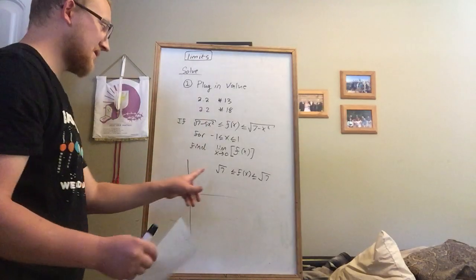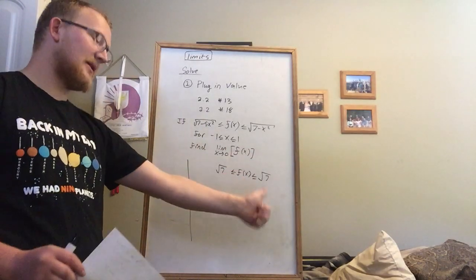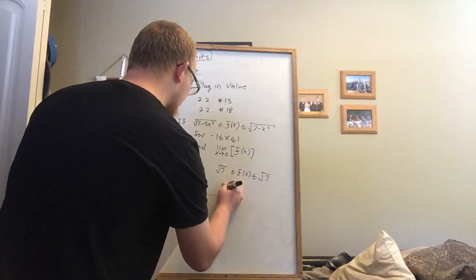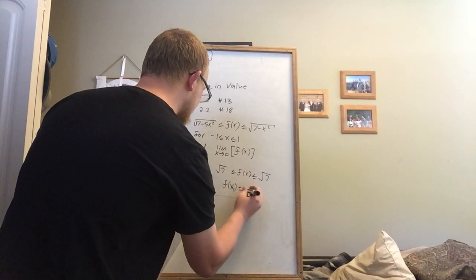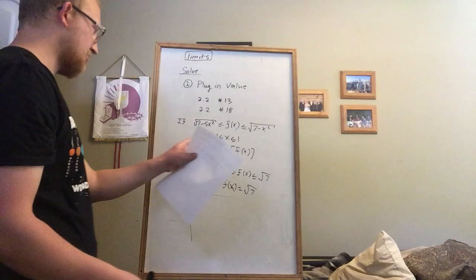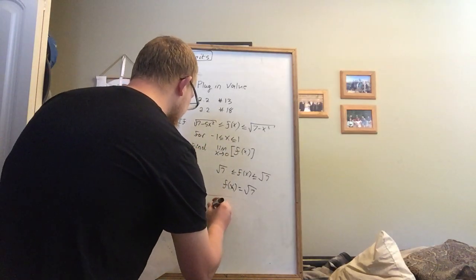Well, if f of x is greater than or equal to root 7 and also less than or equal to root 7, this is a proof that f of x must equal root 7 at this particular time. And this particular time is when we're at x equals 0.